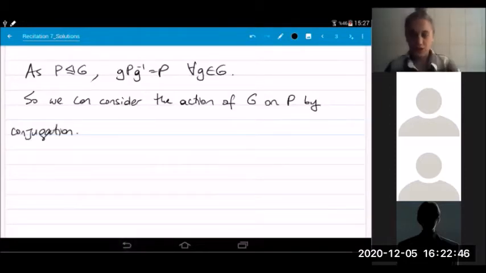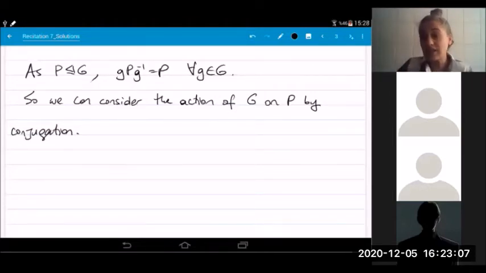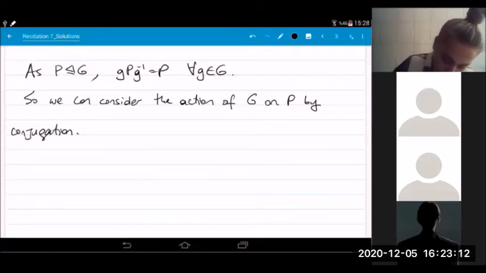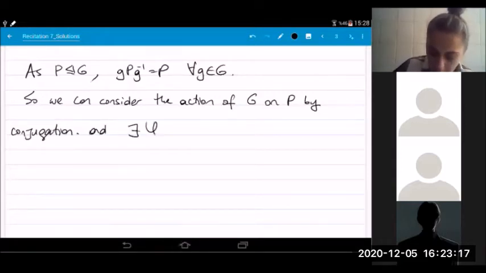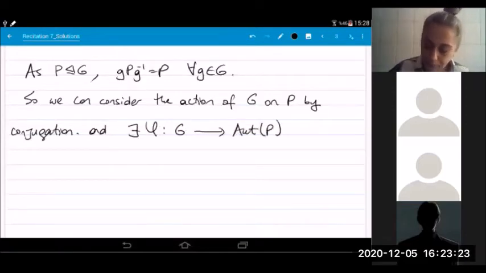This is a special type of action, and for our purposes we are going to write down the homomorphism coming from the action, from the group G, which is the group that acts, to the automorphism group of P, since the action is conjugation. So there exists phi from G to the automorphism group of P.